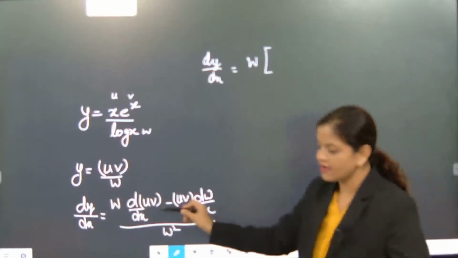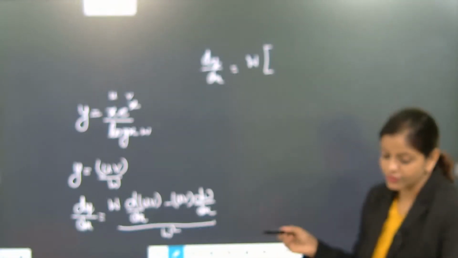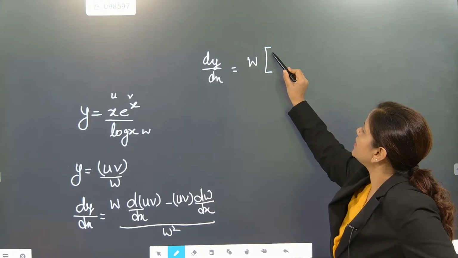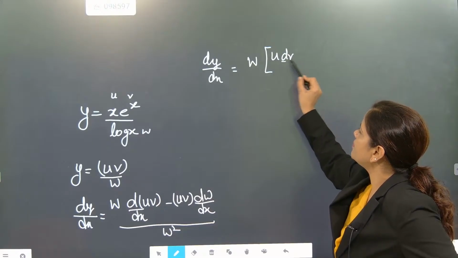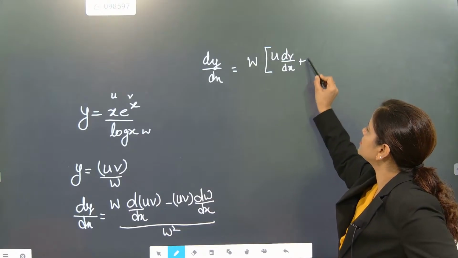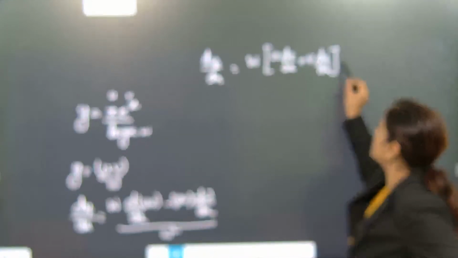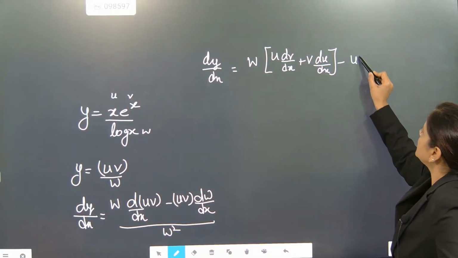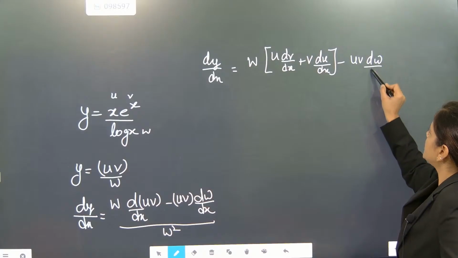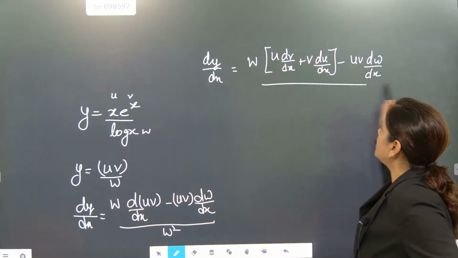Now inside you have to use another formula, the first formula I taught. So here it will become u, v will be differentiated, plus v, u will be differentiated. Now minus u, v, w will be differentiated, by w square.